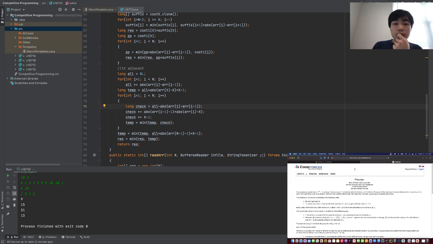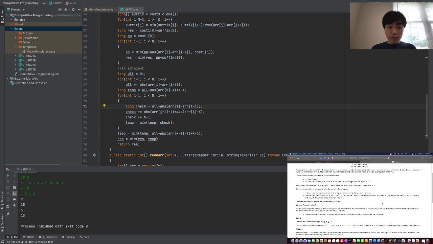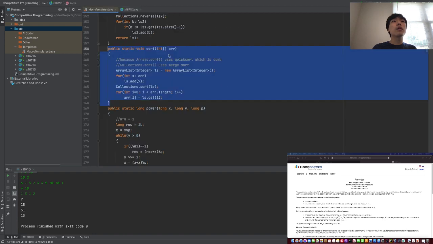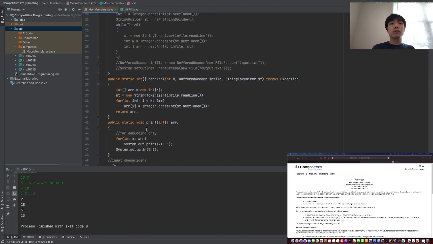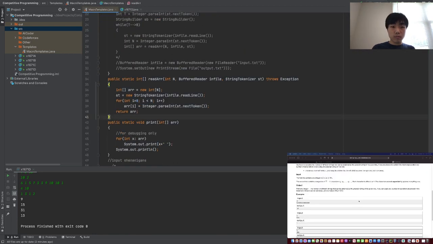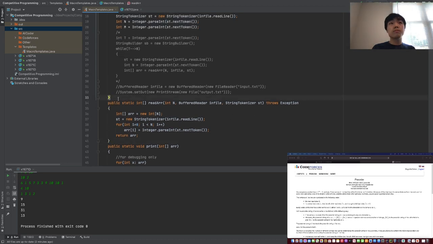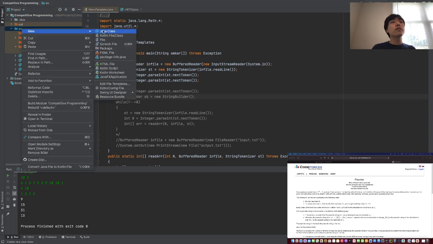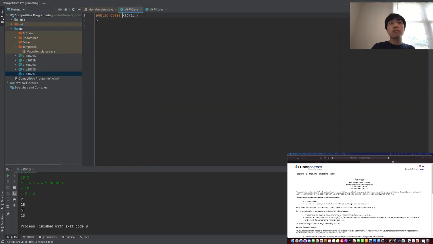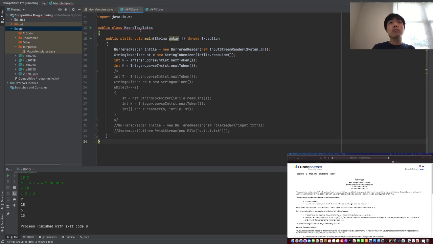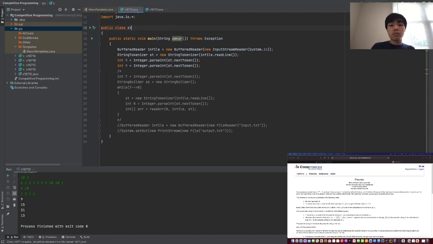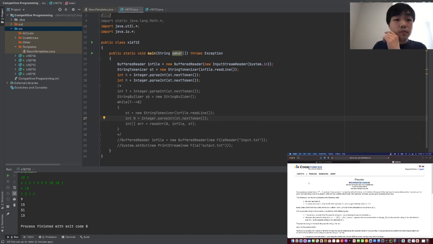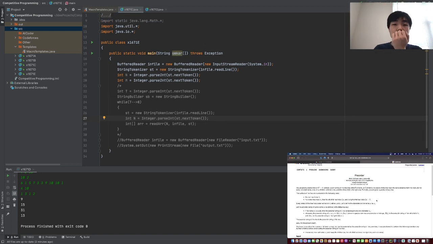Given a rooted tree of 2 to the n minus 1 vertices and whatnot, okay. Each vertex of this tree has either 0 children or 2 children.